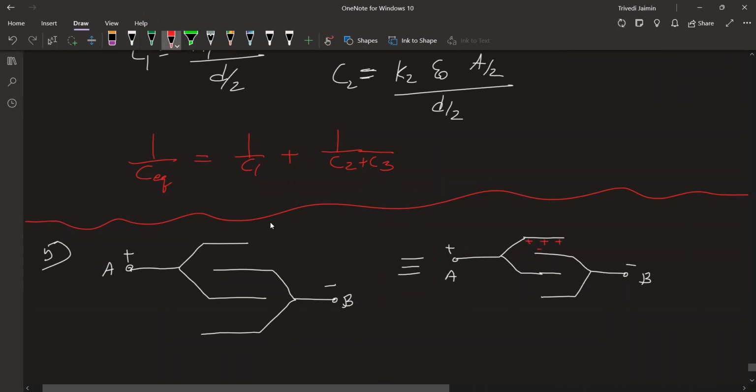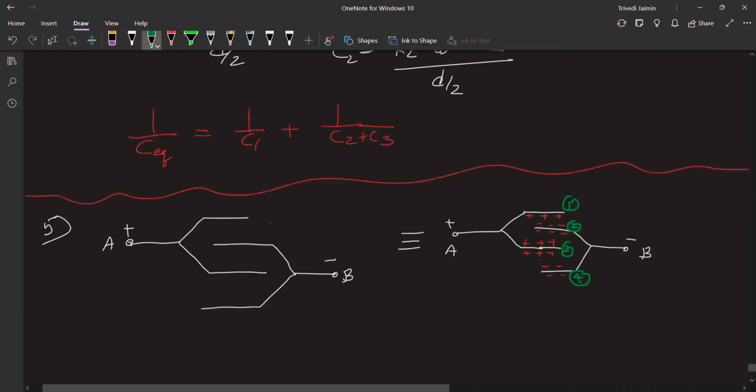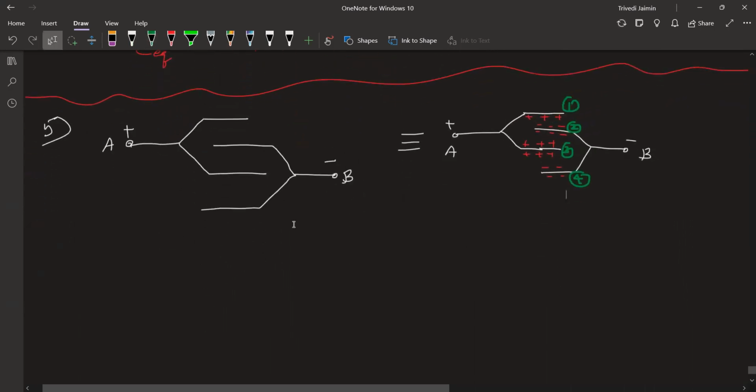This is plus, this is minus, then again this is plus, this is minus. So we have like this, how many lines? First line, second line, third line, fourth line.